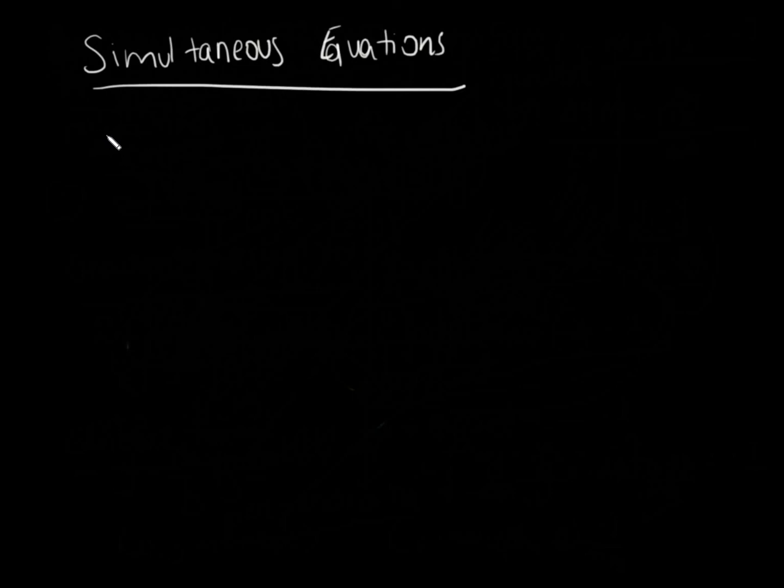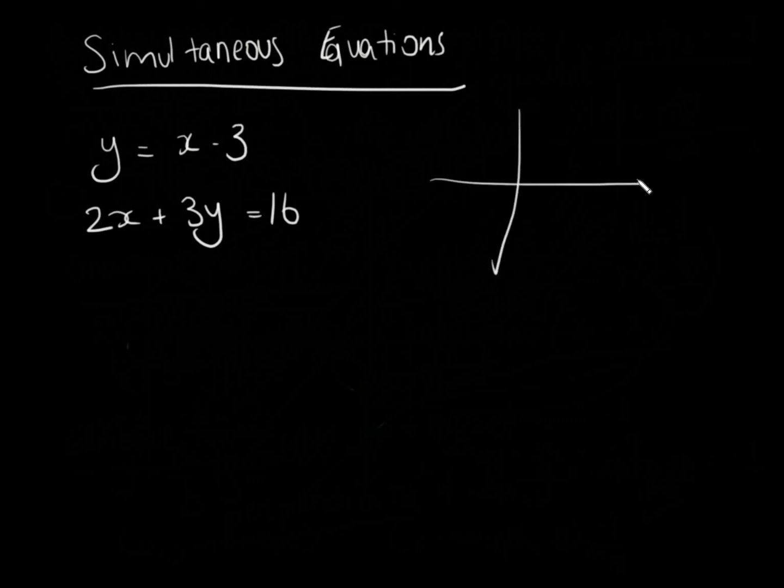So for example, if I have an equation y equals x minus 3 and 2x plus 3y equals 16, if I graph these two on the same set of axes, which would be something like this, the point at which they intersect, its respective x and y coordinates, would be the solution to this set of simultaneous equations.